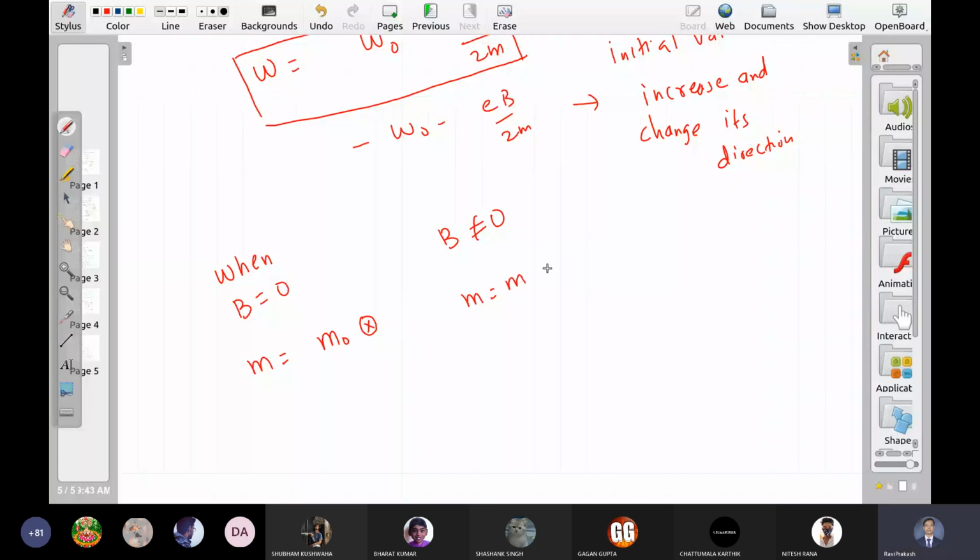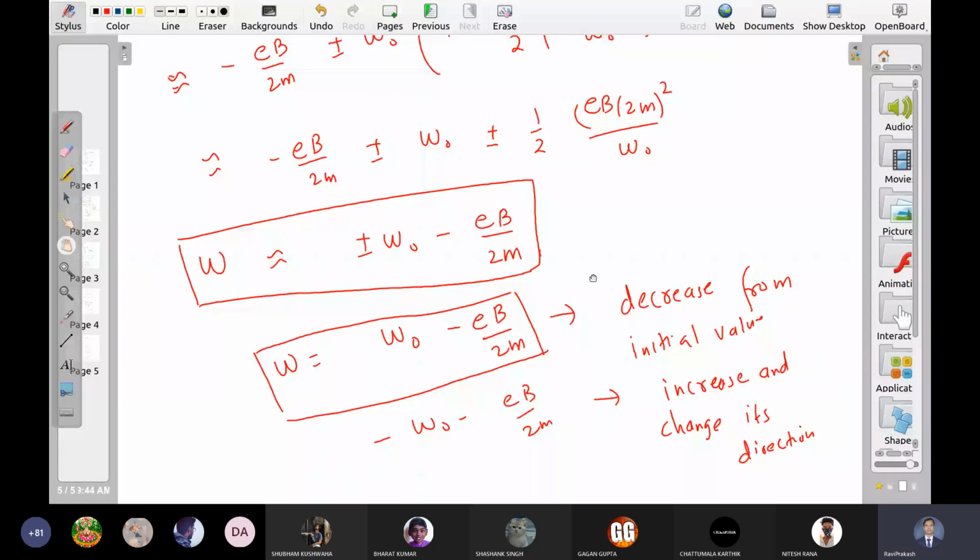And this m is less than m naught. What we see, as we apply the magnetic field, जैसे हमने magnetic field लगाया, the magnetic moment has now reduced. Magnetic moment पहले से कम हो गया, right?